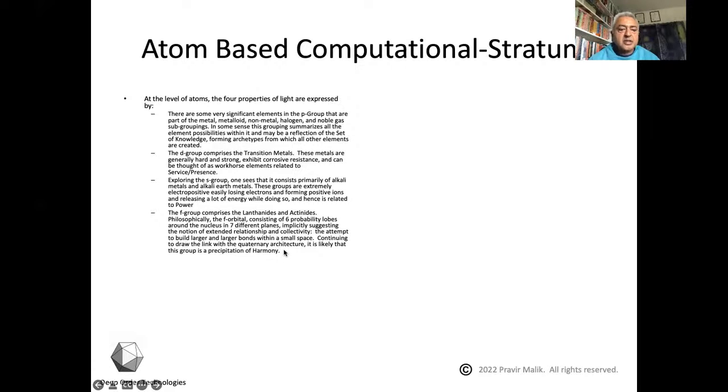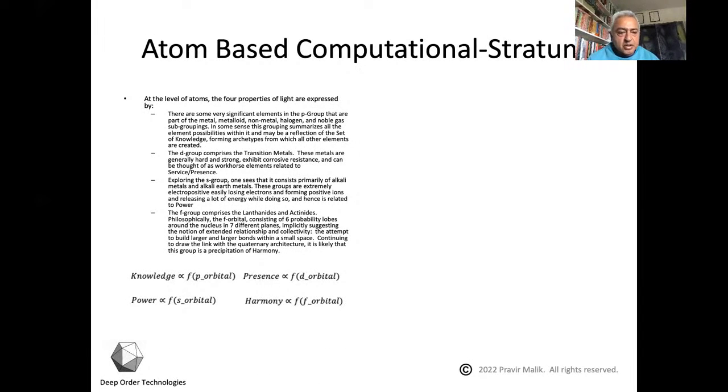We find, in a sense, experimentations in collectivity, stable collectivity in lanthanides and potentially unstable collectivities due to radioactivity in actinides. But essentially, this group is therefore considered to be a precipitation or carrier of light's property of harmony.